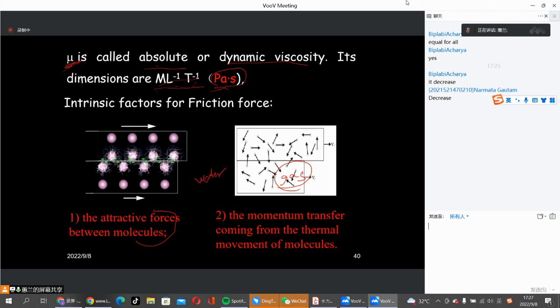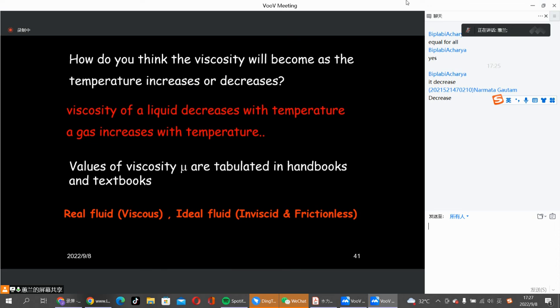So the viscosity will increase because they will have more momentum transfer. So it's very important. When we talk about the viscosity change with the temperature, you need to know whether it's for liquid or gas.